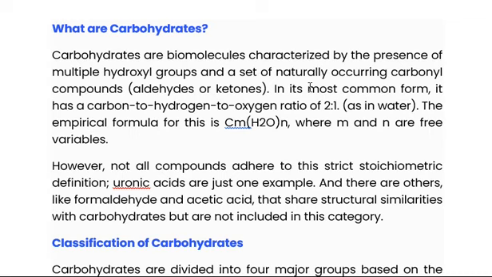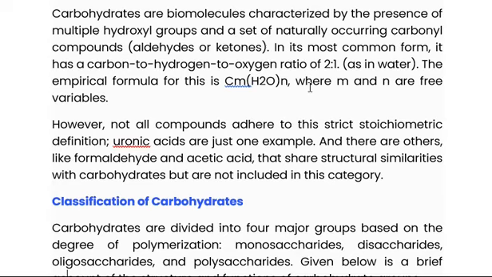The empirical formula for this is (CH2O)n, that is, Cm(H2O)n, where m and n are free variables.